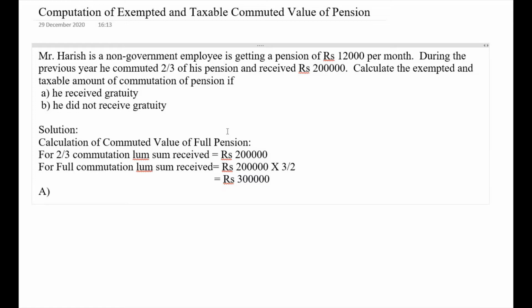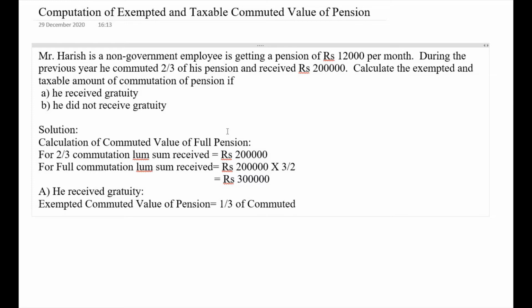Now let's go for A, he received gratuity. So exempted commuted value of pension equals 1/3 of commuted value of full pension.